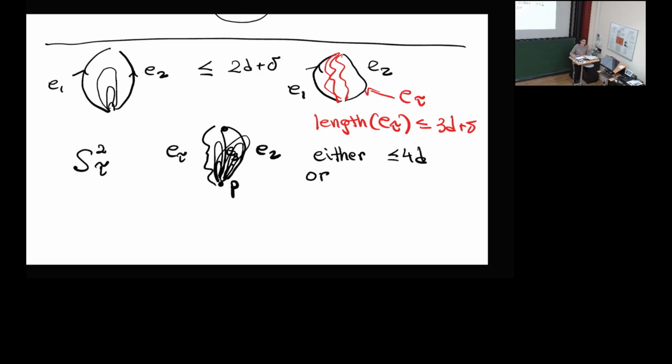But we need to go to the 4 skeleton. In the 4 skeleton, we get something like this. Again, we know where the boundary goes from the previous step: the boundary goes to a 3 sphere.